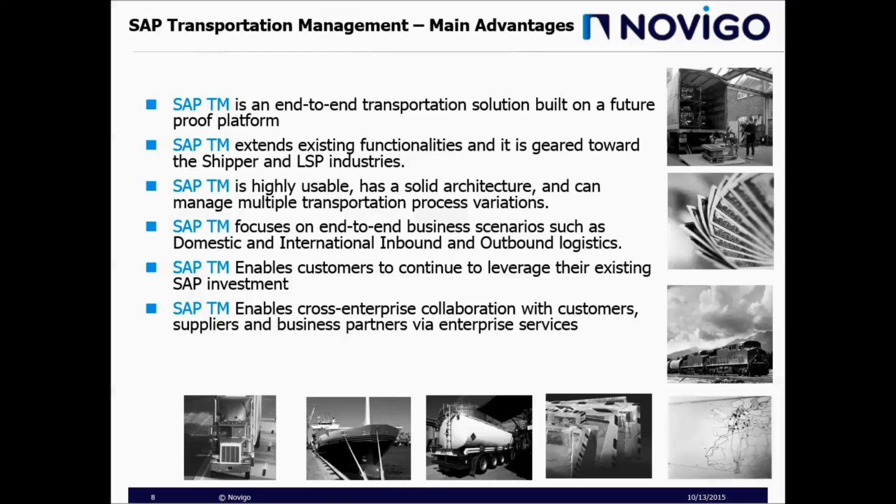SAP TM focuses on end-to-end business scenarios such as domestic and international inbound and outbound logistics. SAP TM enables customers to continue to leverage their existing SAP investment. SAP TM enables cross-enterprise collaboration with customers, suppliers, and business partners via enterprise services.